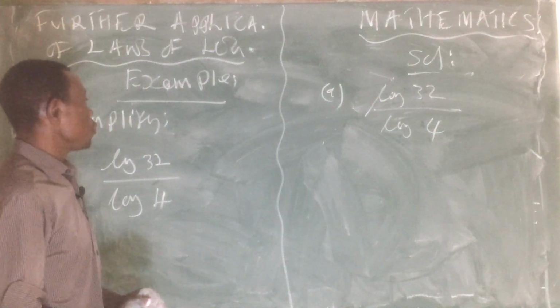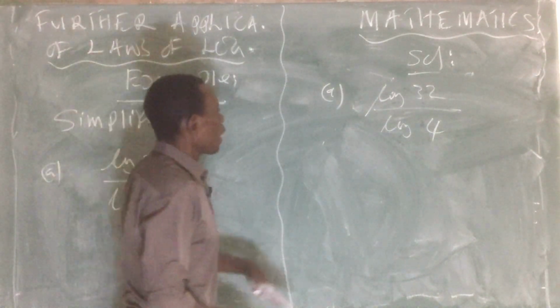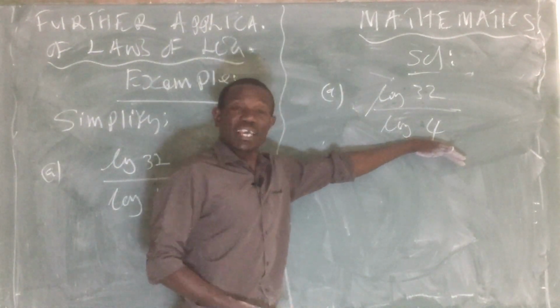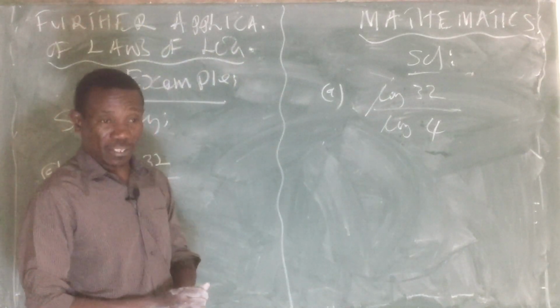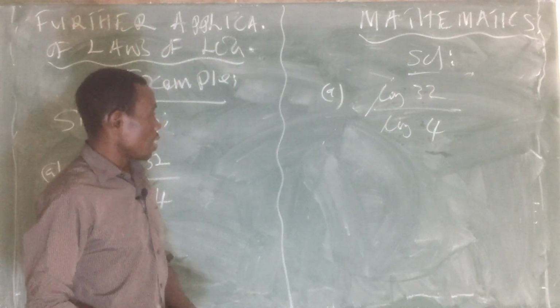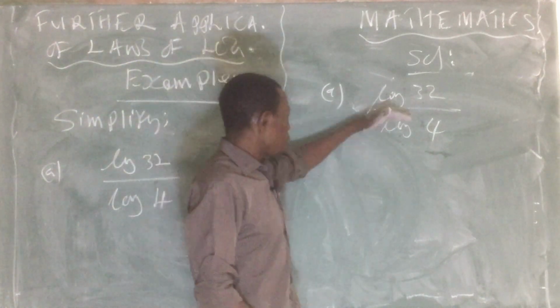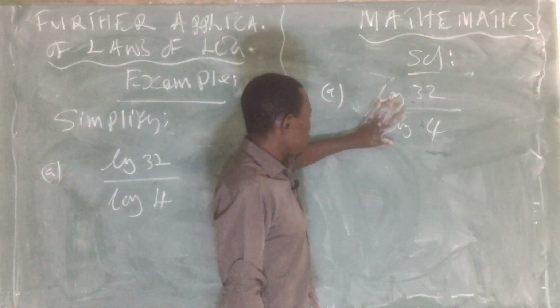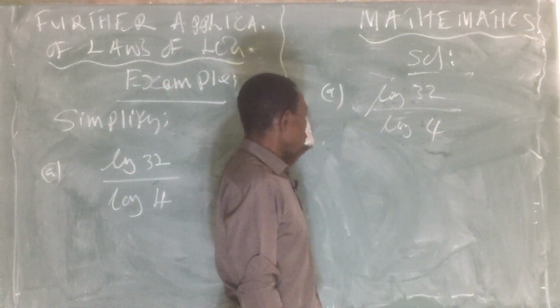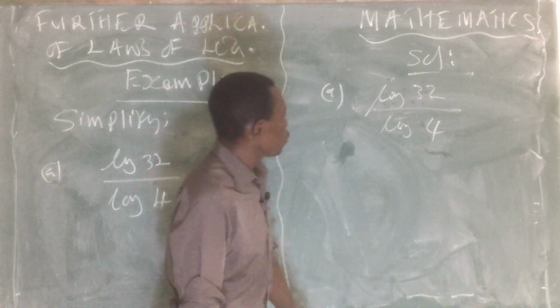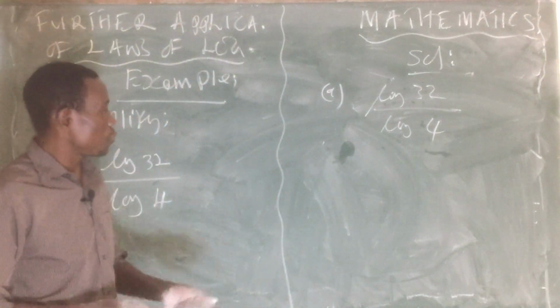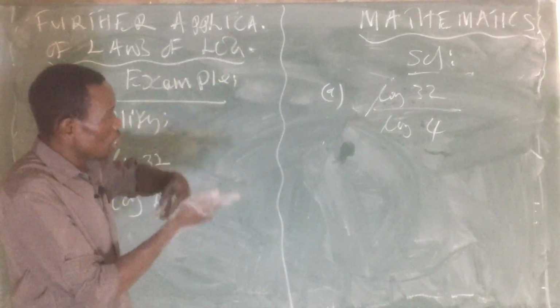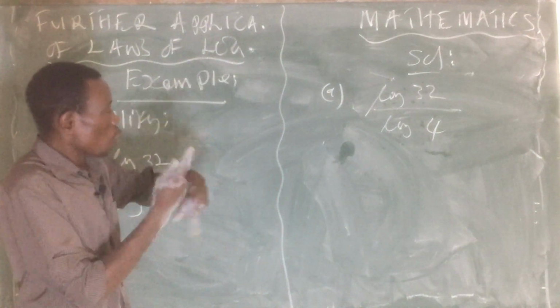But what we could do here is come up with a common factor that can cancel each other. Say, for example, the moment you have got log of 32 here and log of 4 here, by the laws of logarithms, you'll be able to do something to that, such that you should be in a position to simplify with the common factors.